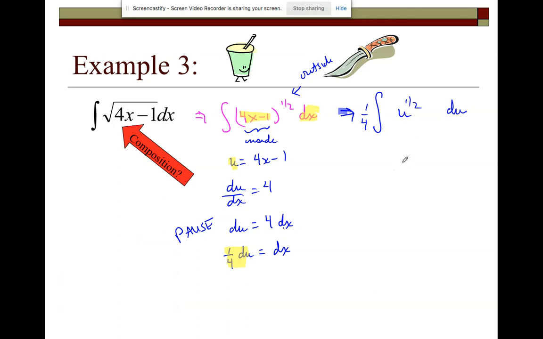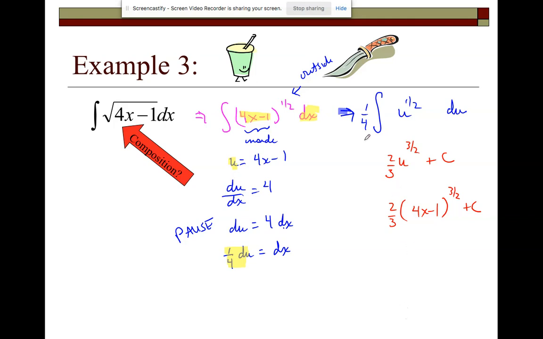Integrating u to the 1/2, this is old news. This is u to the 3/2 divided by 3/2, which is times 2/3 plus c. Put my x stuff back. I don't have a definite integral. Just put my u back, 4x minus 1, and I'm done, right? No, who did I forget?